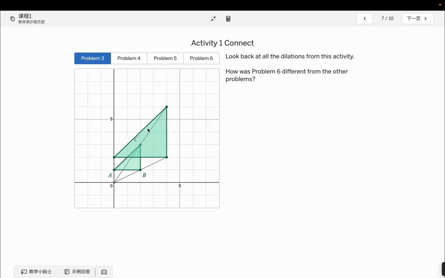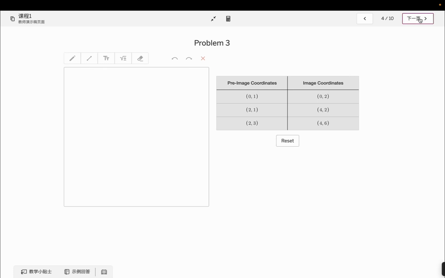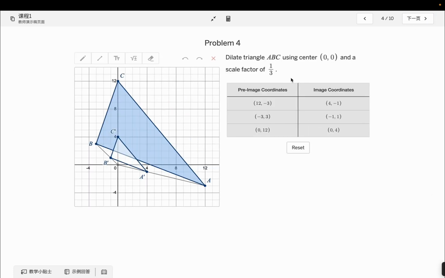But if we have a center of dilation at 0, 0, we have an easier method. See, let's look at problem 3 together. We have a scale factor of 2, so we just multiply the scale factor by those coordinates, then we get the new coordinates. The same for problem 4. If we multiply 1/3 by those coordinates, then we get the new coordinates.